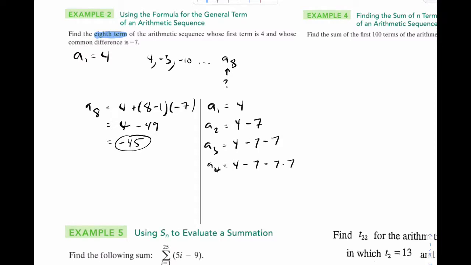So look at the pattern here. The first term has no 7s. The second term has 1 seven. Third term has 2 of them. Fourth one has 3 of them. So if I generically write the nth term, notice how they all have this 4.